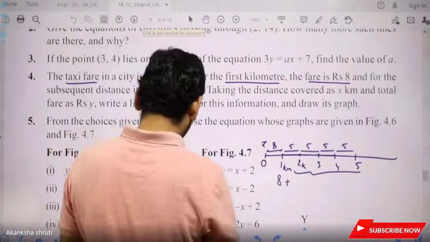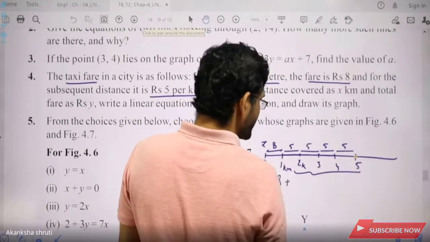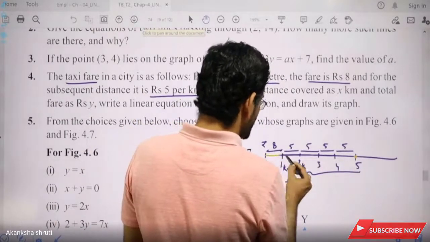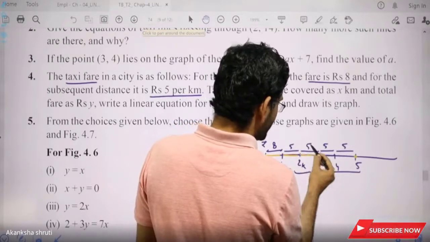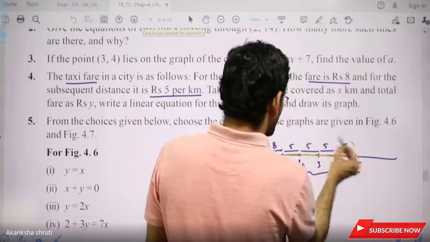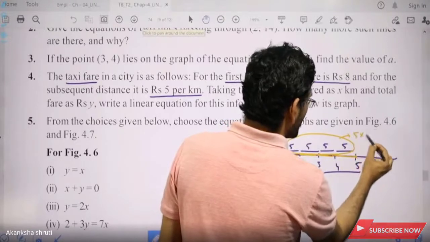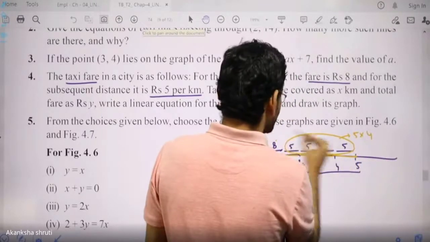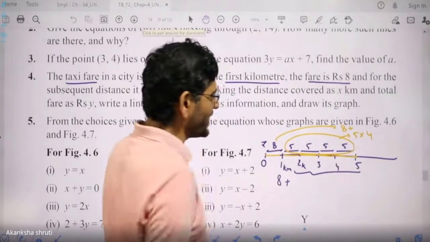Watch carefully. For the 1st kilometer, ₹8. Second kilometer, 5. Third, 5. Fourth, 5. Fifth is 5. So this 5 is being multiplied by 4, and this 8 is being added. That will be the total fare.